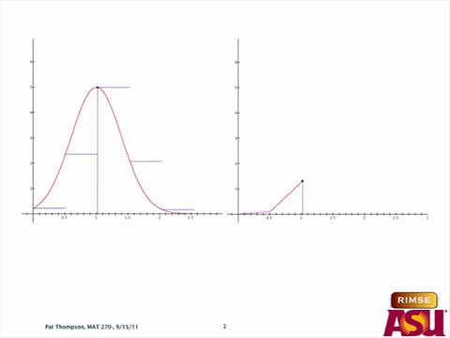So it's accumulation of some weight, in, say, pounds and seconds or something like that. So I want you to just talk with the person next to you and make sense of what you're seeing in these two graphs. What does the left graph represent? What does the right graph represent in the context of a weight quantity that's accumulating over time? Okay, so go. Talk to the person next to you.